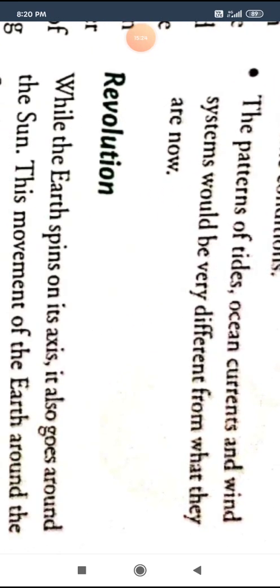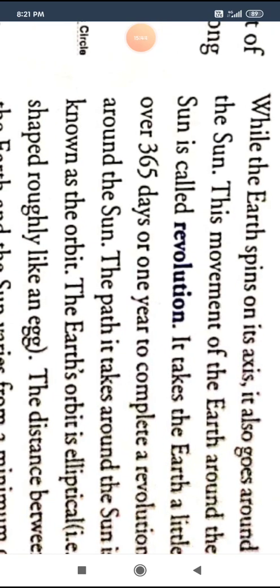Now the next one is the revolution. What is it? The movement of the earth around the sun is called revolution, and it takes 365 days or 1 year to complete a revolution around the sun.